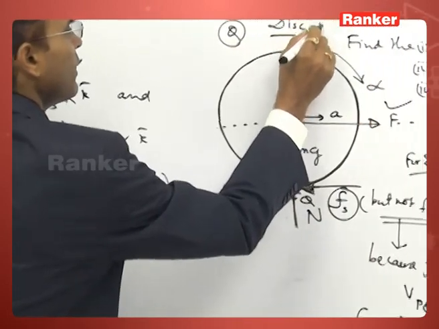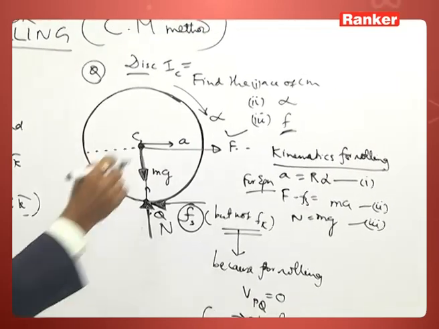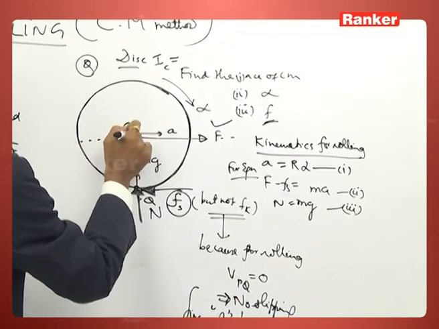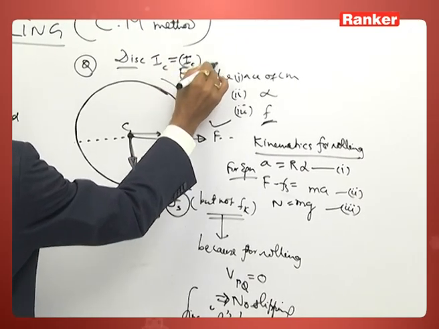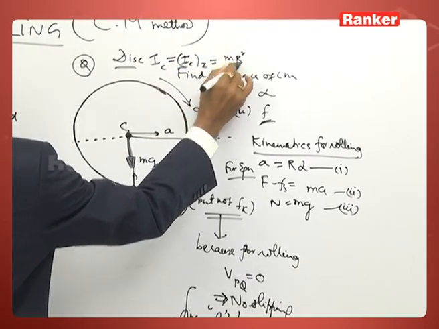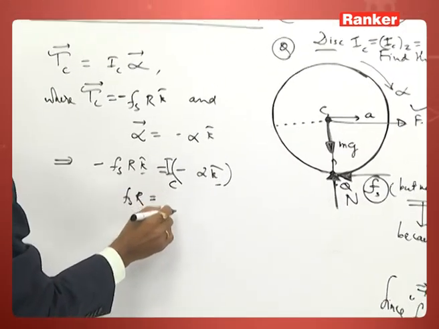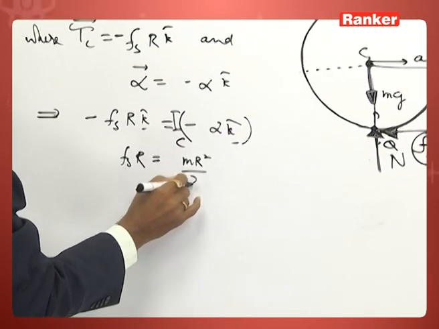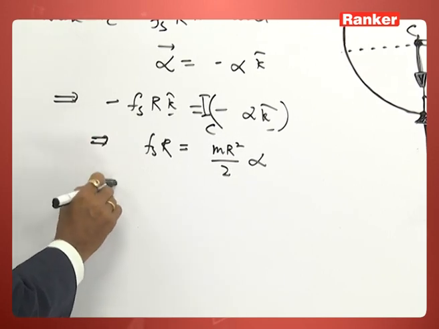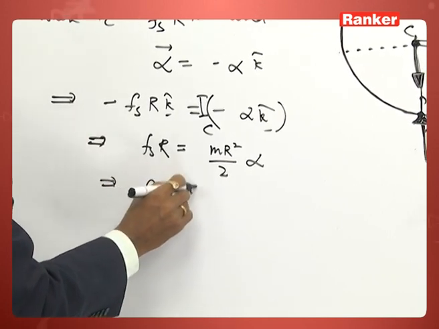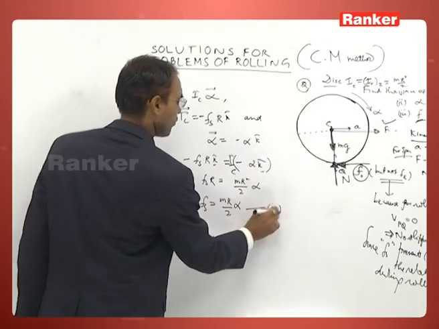If it is a disk, the moment of inertia about the center of mass, axis, that z axis, is equal to mr square by 2. So we can just write Fs into r is equal to mr square by 2 alpha. This gives us Fs is equal to mr by 2 alpha, equation number 4.